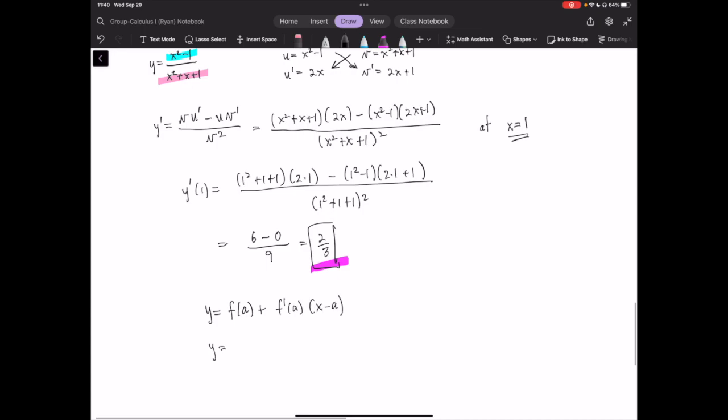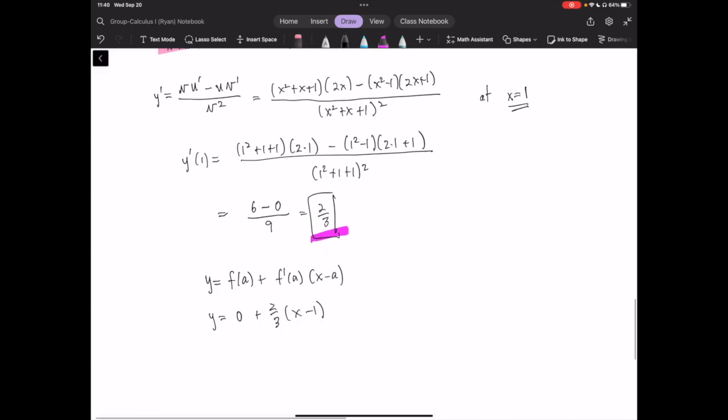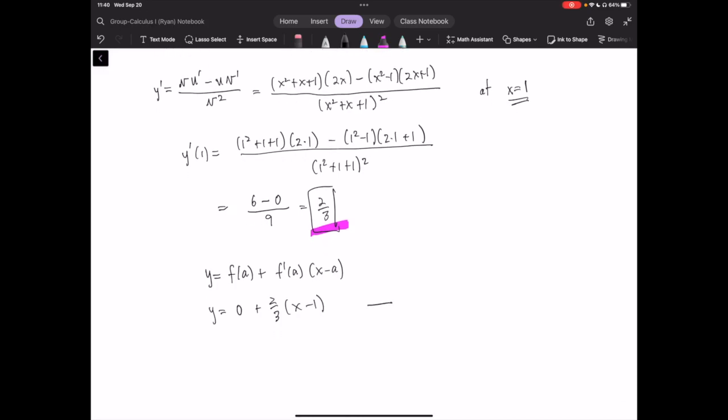So y is equal to 0, which we already knew, plus 2/3, our slope, times x minus a, and we know that a is equal to 1. As usual, we distribute this out to get a nice mx plus b slope-intercept form for our line. So y is equal to 2/3 x minus 2/3. And that's the equation of the tangent line to that curve at the point.